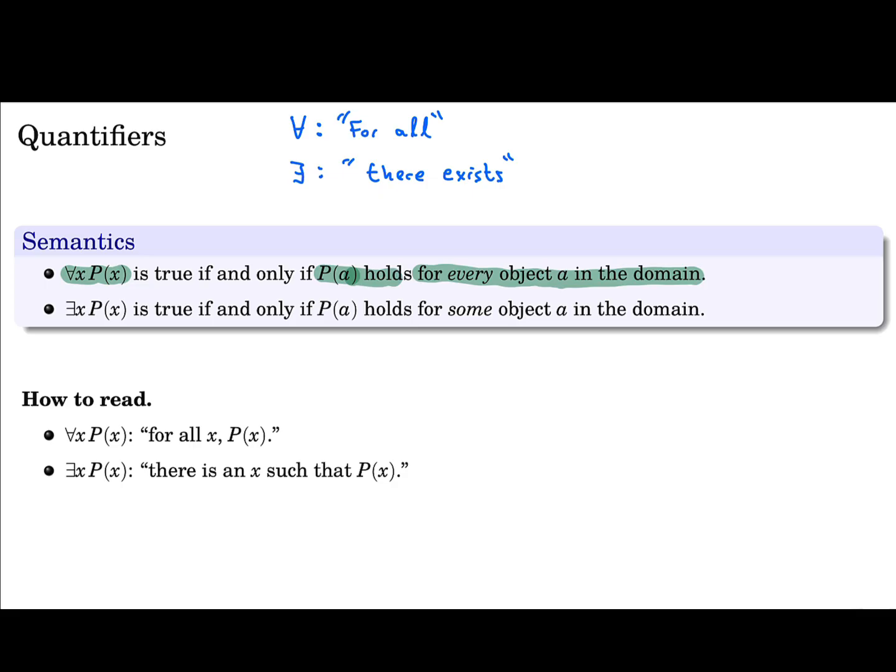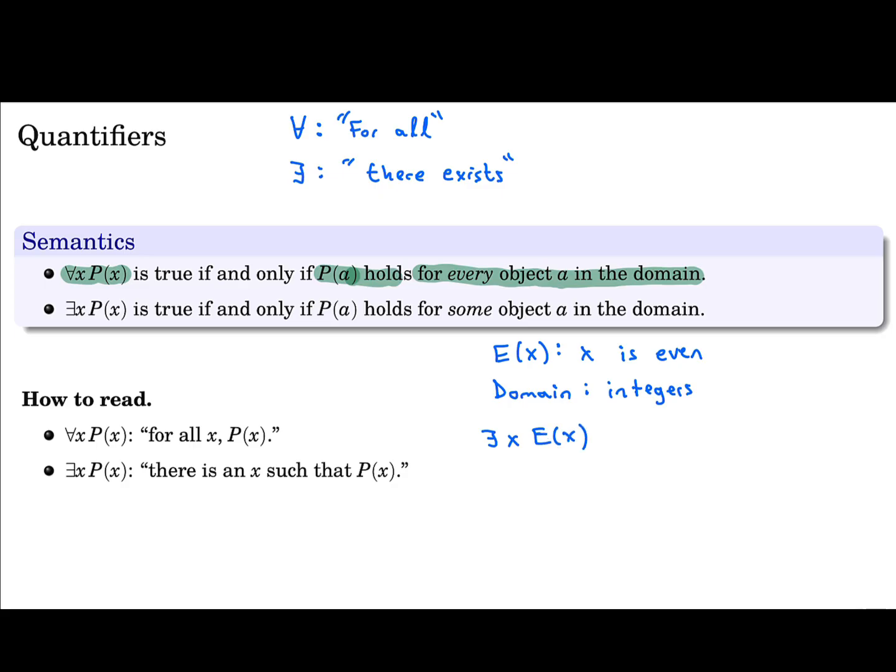So if you take E of x to be the statement that x is even, and let's say that our domain is the integers, then it is true that there exists an x such that E of x.